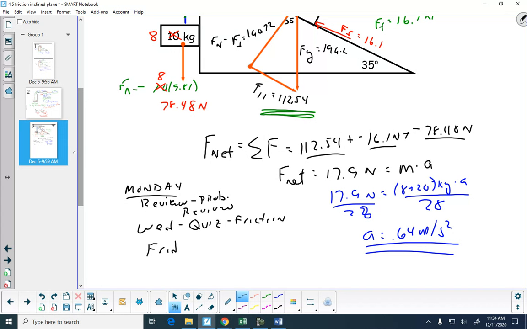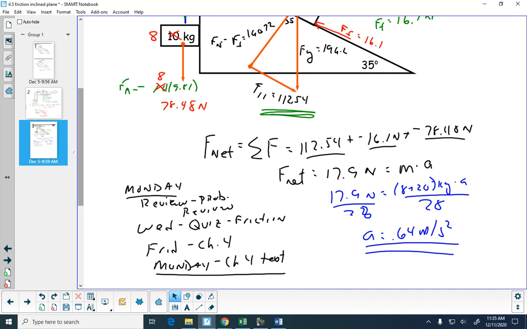Friday will be a review over the chapter. And then the following Monday, we'll have a chapter 4 test. So that will be our schedule for next week and the following week.